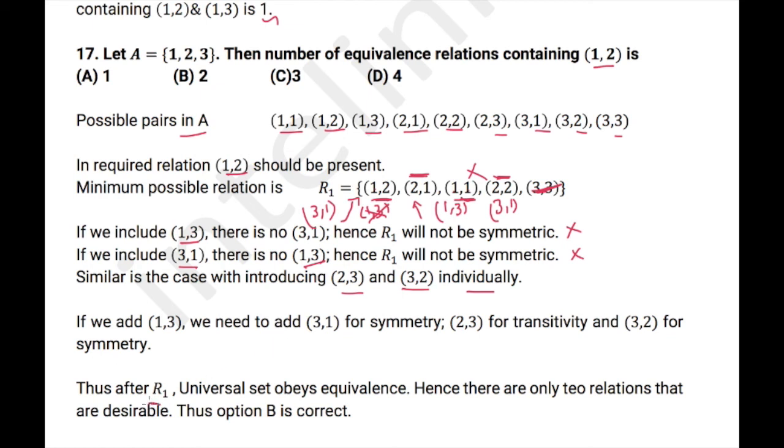Thus, after R1, the only possible relation which obeys equivalence is the universal relation. And hence option B is the correct answer. That is two possible relations, one minimum possible relation and another one is the universal relation. In between, if you start adding any other pair, it affects the equivalence condition.